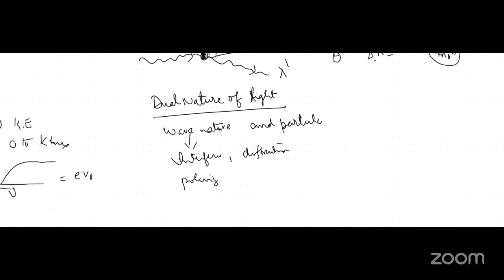In all these cases, we say that light has wave nature. We have also seen it in Young's double slit experiment. Whereas the particle nature we observe in the photoelectric effect and the Compton effect. Here we observe that light behaves as a particle. That means light has both wave nature as well as particle nature.